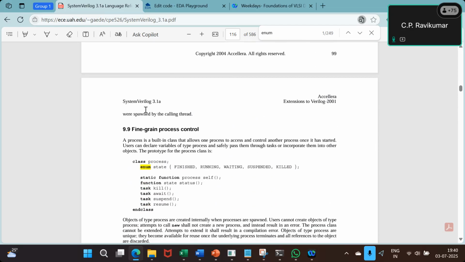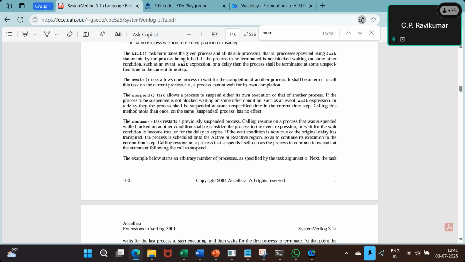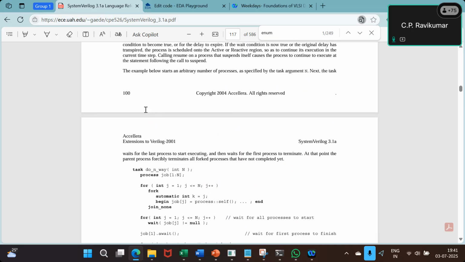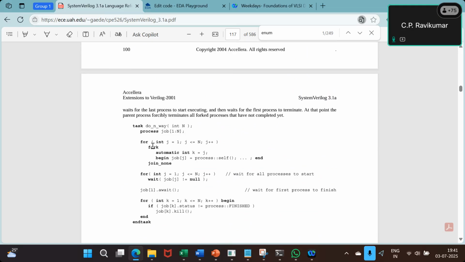So there are three ways to do things. One is called forking, which means the execution forks. Here is an example where there are n iterations of the for loop, and in this we are creating a fork.